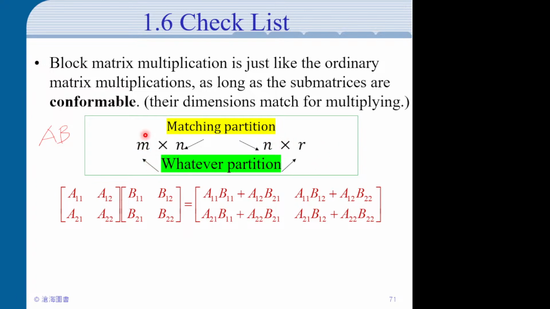You can partition those n and r into whatever partition, and also partition the two n's into the same partition. Then you can do this block multiplication.